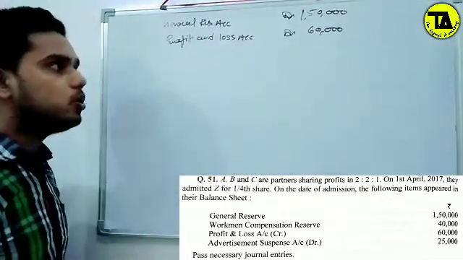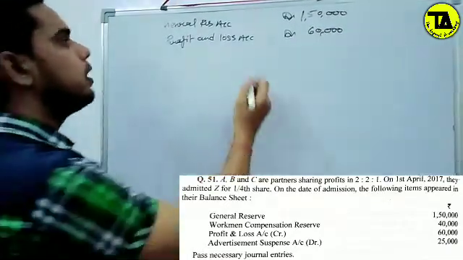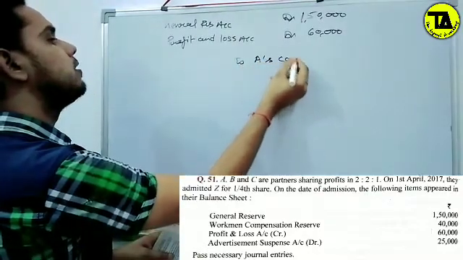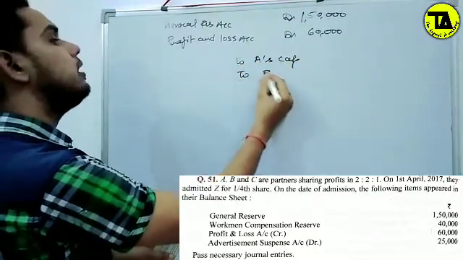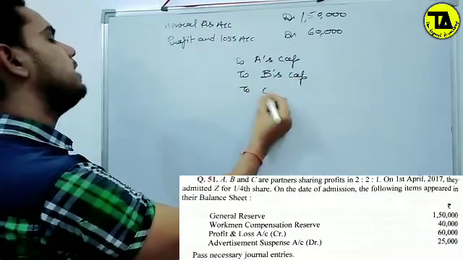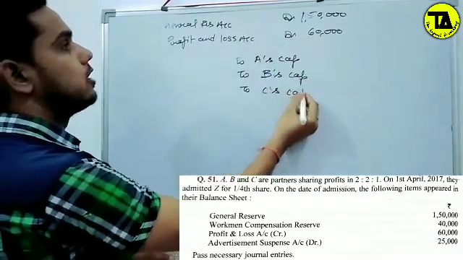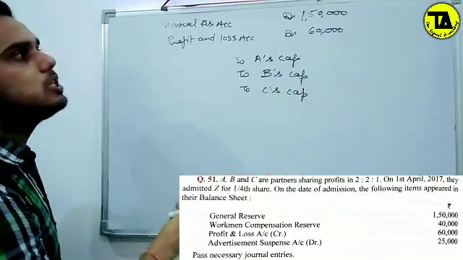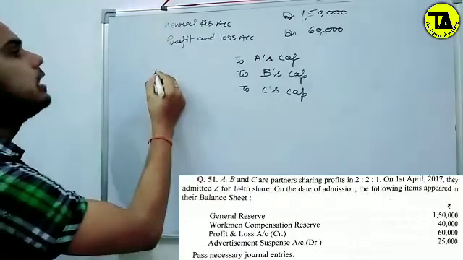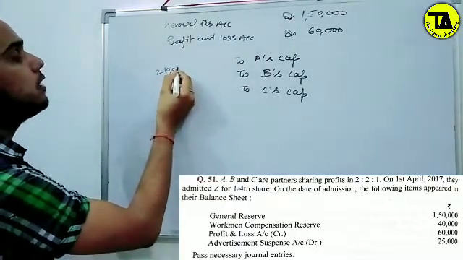Now we will credit old partners: to A's capital, to B's capital and to C's capital. This is in total 2,10,000, since 150 plus 60 is 2,10,000.